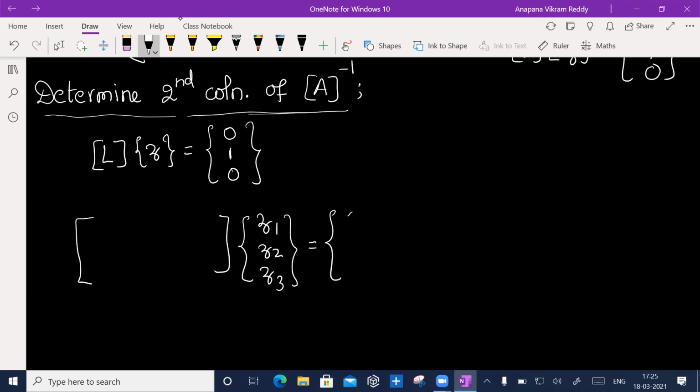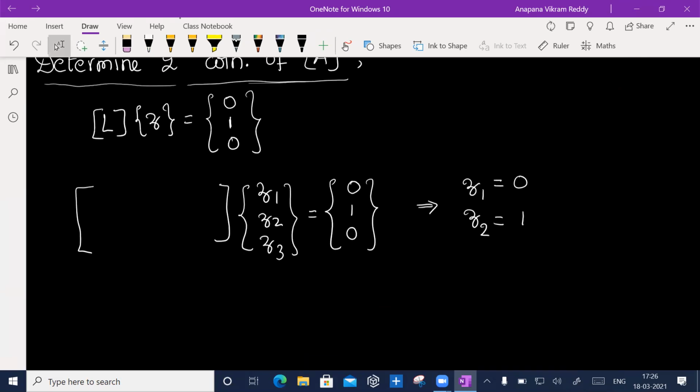So you must put here 0, 1, 0. Okay? And if you see, you must get Z1 equal to 0, right? Z1 must be 0 and Z2 is 1. Is Z2 1? And Z3 must be positive 0.02713. Did you get the same?